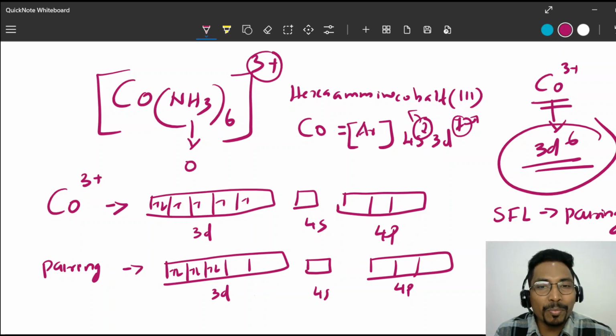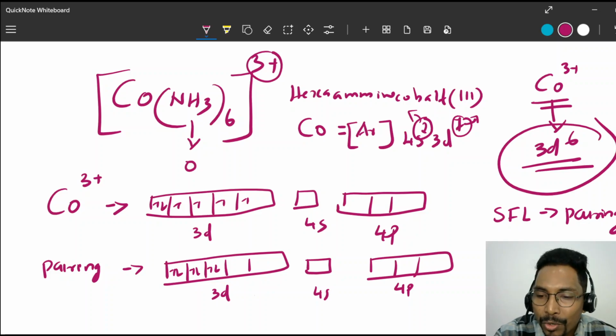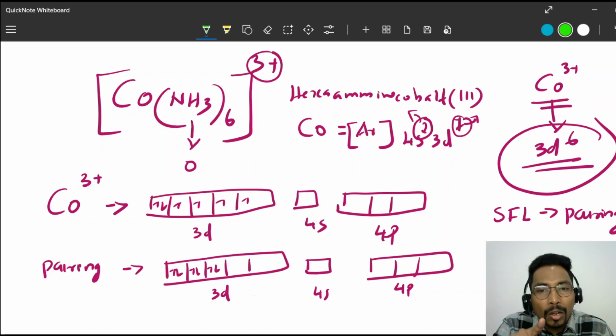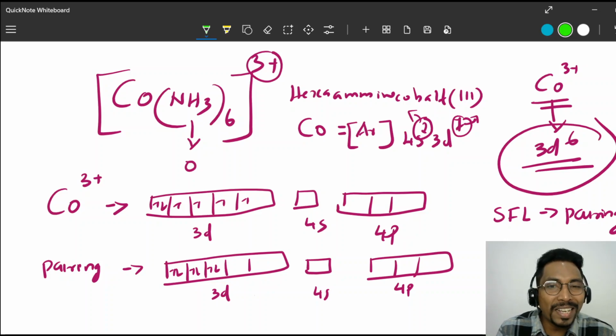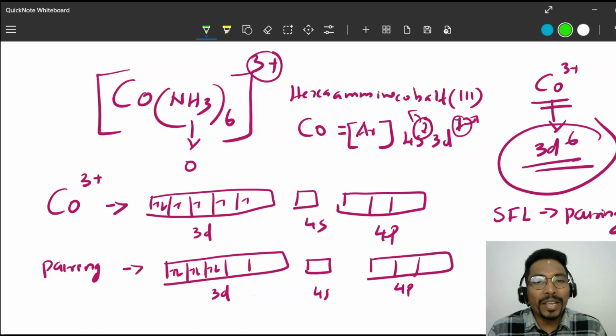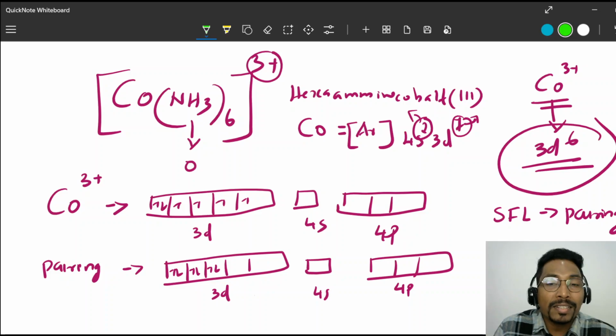Now 6 free orbitals are ready. We need 6 free orbitals because 6 ligands are coming. Now you have to represent the orbitals which are going to hybridize. What is hybridization? Hybridization means intermixing of atomic orbitals to form a set of orbitals with the same energy. You can see this is a d orbital, this is an s orbital, and this is a p orbital.